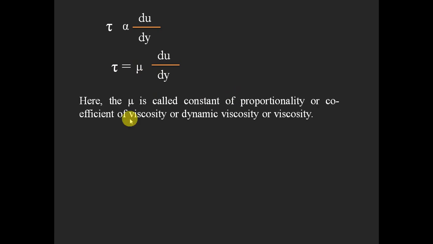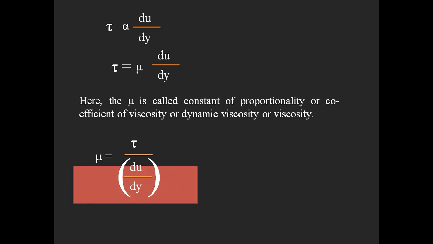Here mu is called the constant of proportionality, coefficient of viscosity, dynamic viscosity, or simply viscosity. So mu can be written as tau by du by dy. This is the final equation for the dynamic viscosity or simply viscosity, which is the property of a fluid.